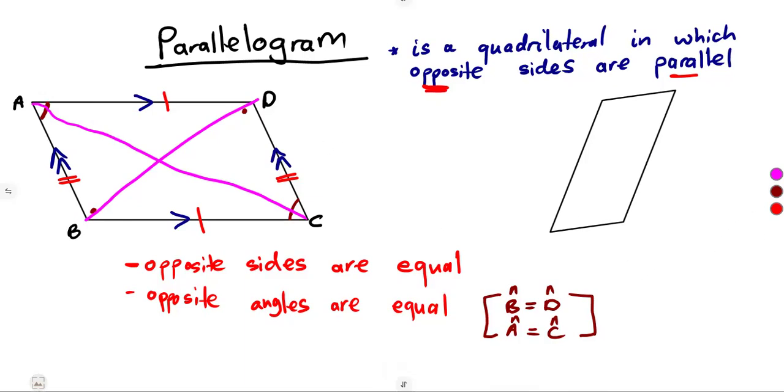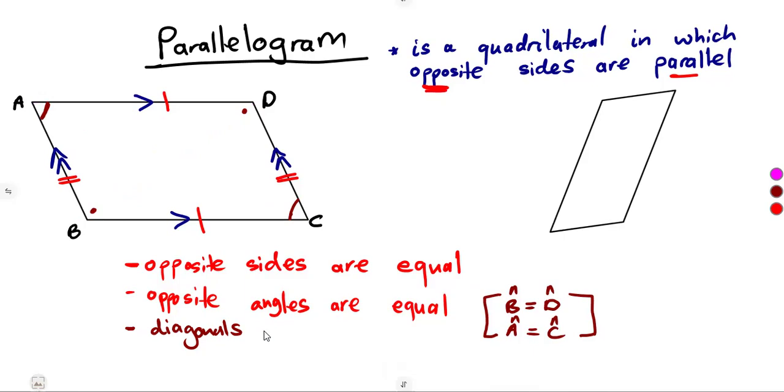I'm just going to write it down for the sake of knowing these properties, as you are going to have a continuation in the other grades. So diagonals bisect each other. To bisect is to divide into two equal parts. This one is just for the sake of you knowing.